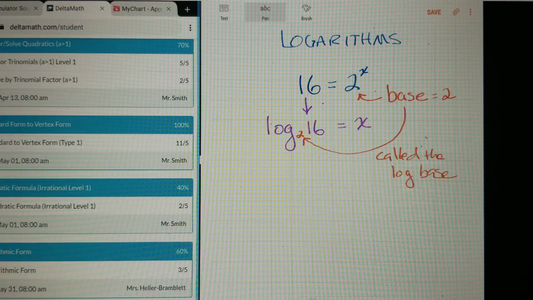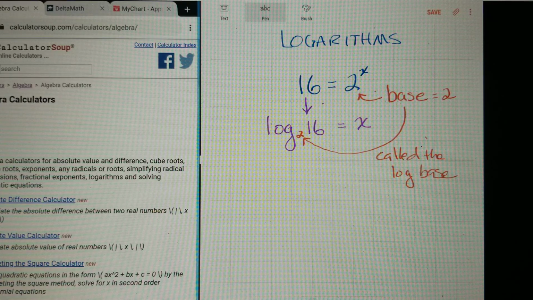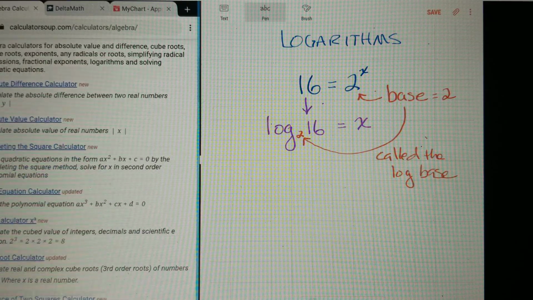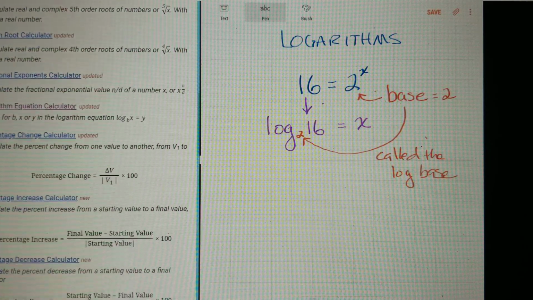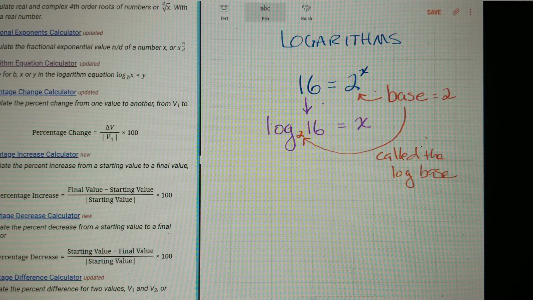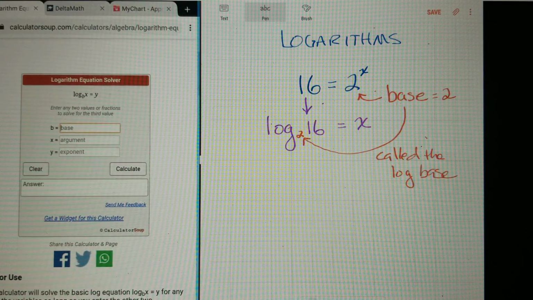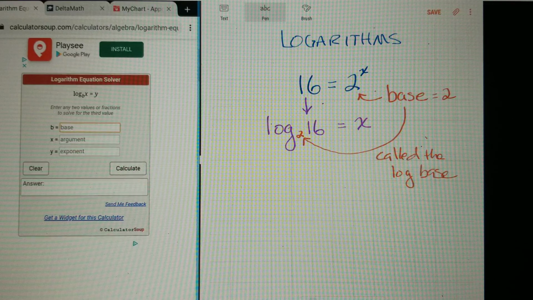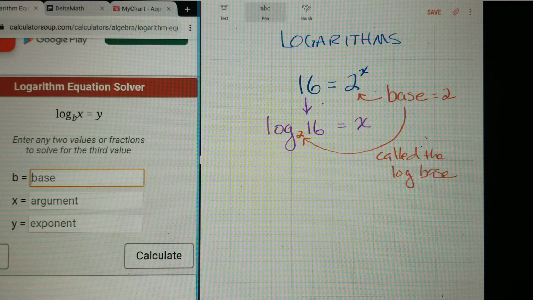Now you can put log base 2 in a log calculator. Let's go over here. This is Calculator Soup, which I've mentioned many times before. If we go to Calculator Soup and click algebra, this gives us all our algebra calculators, lots of them. We go down and find one that says logarithmic calculator. Notice at the top, log b, that's the base, of x equals y.